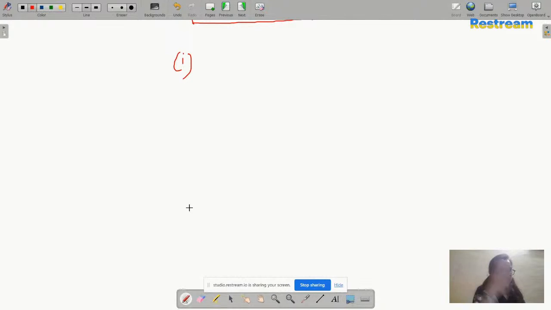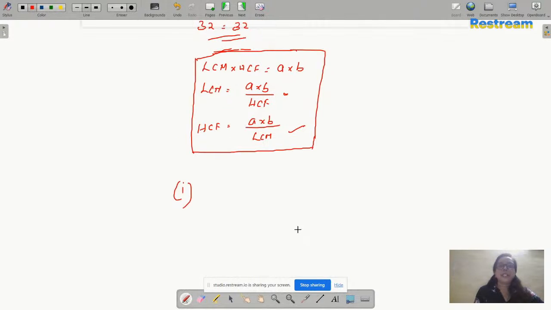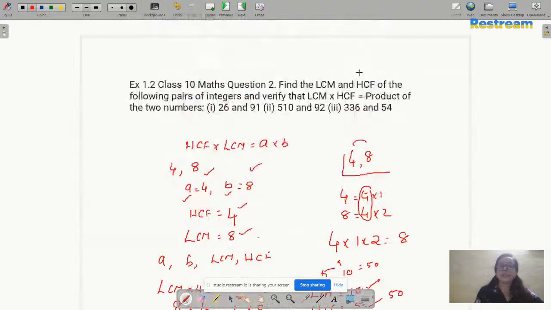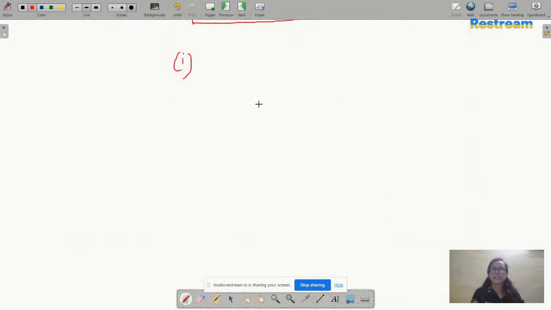Now the next one is, what is the next one? Find the HCF, LCM and product of two numbers 26 and 91. I'll take 26 and 91. So two numbers: A is equal to 26. You can write like this. Write with me one more time. You practice it. All of you take your pen and rough paper.